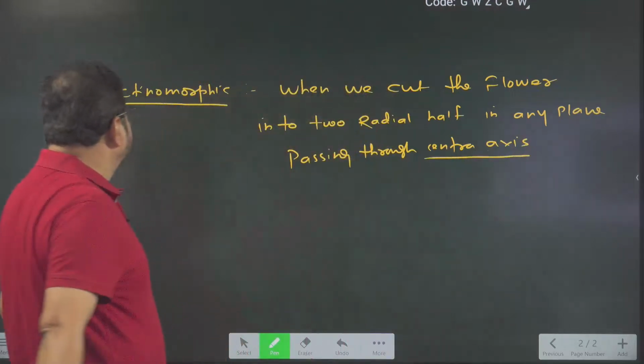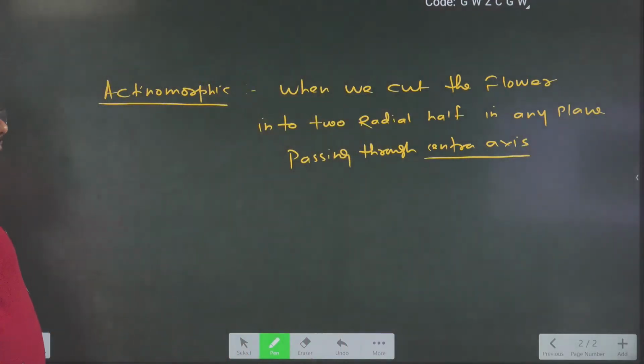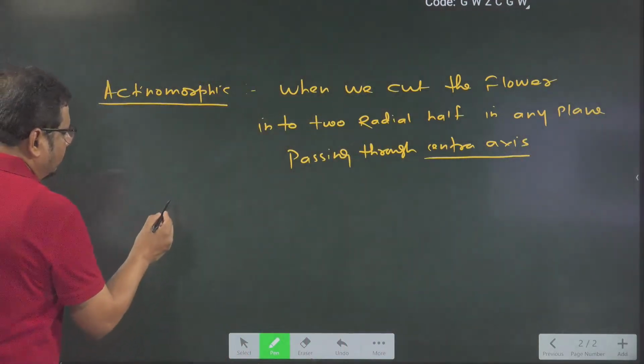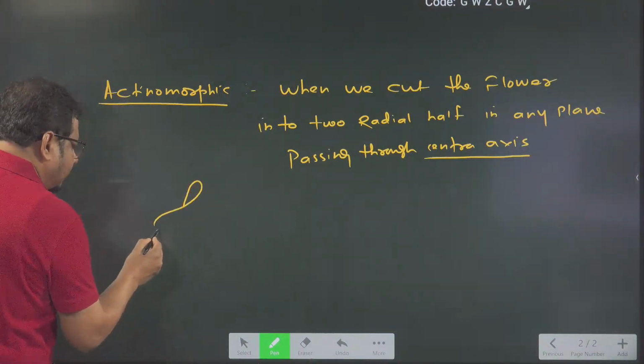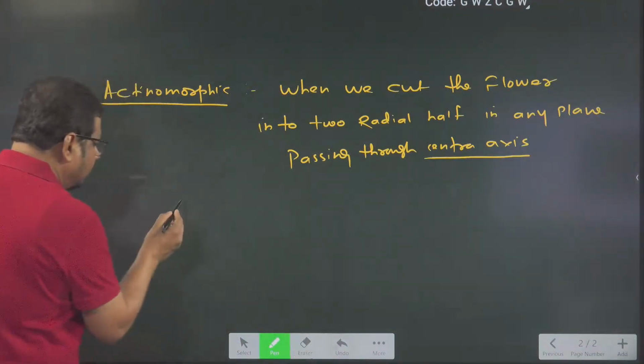It is called actinomorphic flower. If we talk about the diagram of the actinomorphic, I am just going to draw a sketch like this. Just a minute.